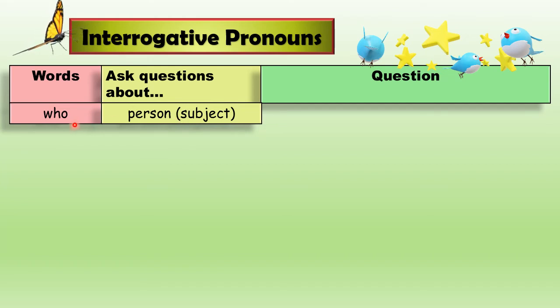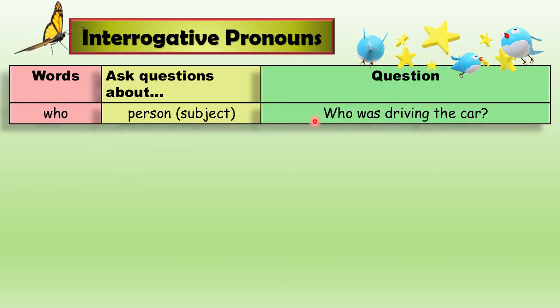We make questions from who to ask about a person or to ask about the subject of the sentence. For example, children, who was driving the car?